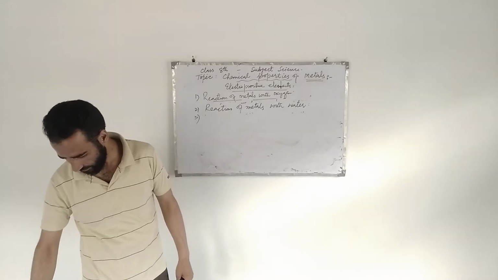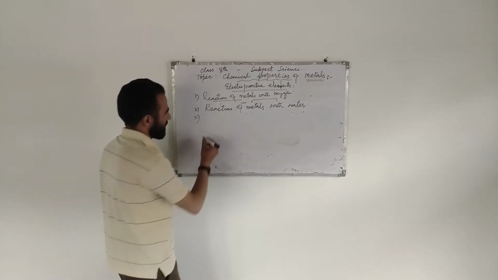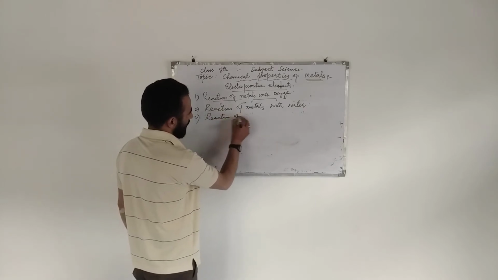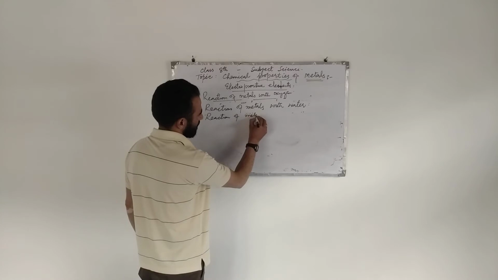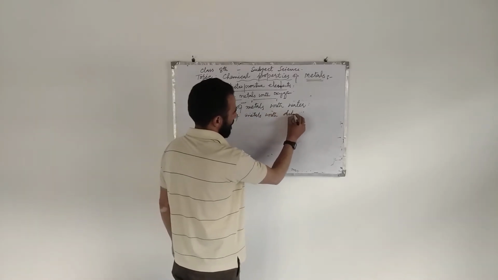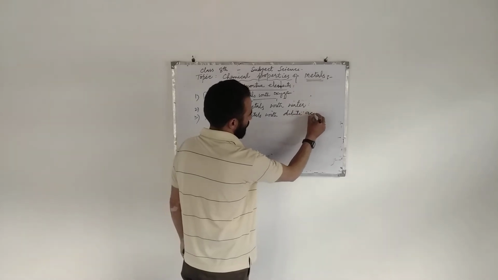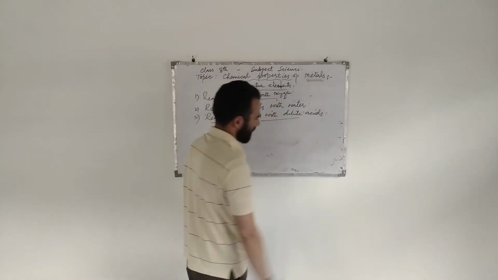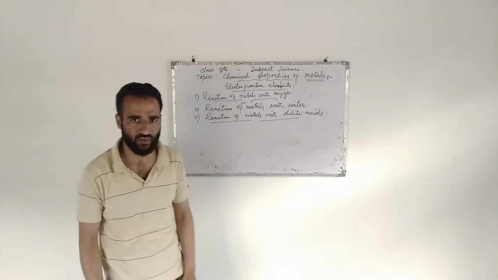And number third, reaction of metals with dilute acids. When a metal is combined with dilute acids, what is formed?